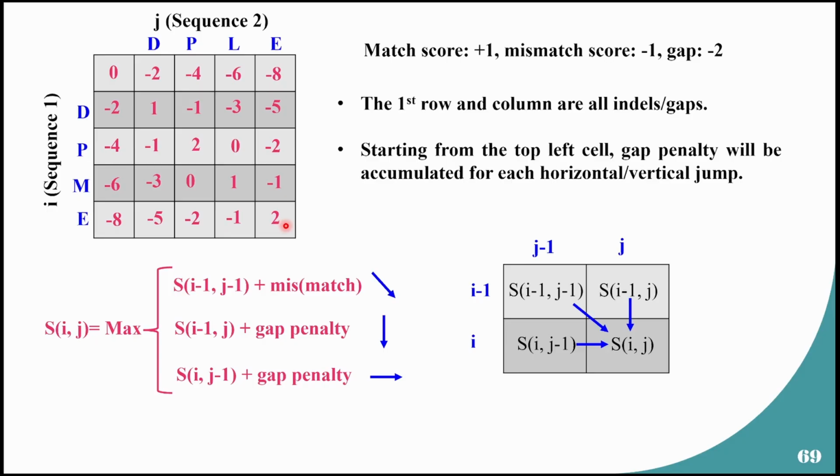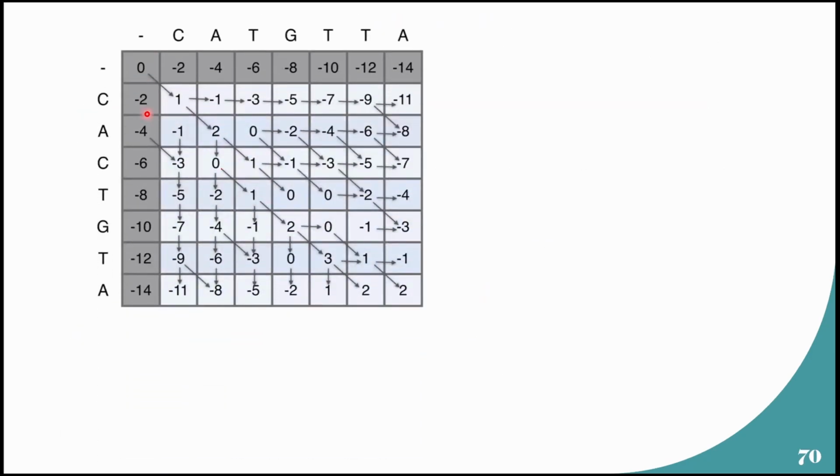One other thing you need to do is that whenever you place a value in a cell, you have to trace from which direction it came, from which cell it was derived: a diagonal, an upward vertical jump, or a horizontal jump. You have to indicate that using arrows. Ultimately, if you trace the arrows from the net alignment score, which is 2 in this case, you can figure out the path of the alignment.